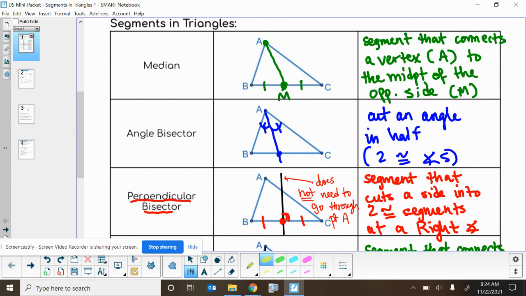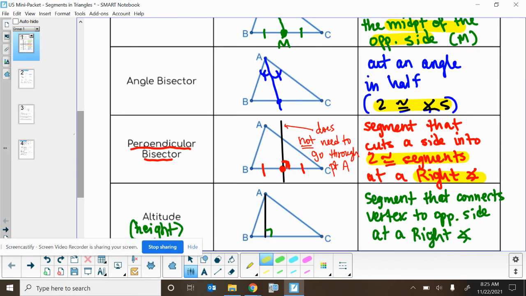Okay, so a median connects a vertex to the midpoint of the opposite side. An angle bisector cuts an angle into two congruent angles. A perpendicular bisector, you're going to get two congruent segments and a right angle.